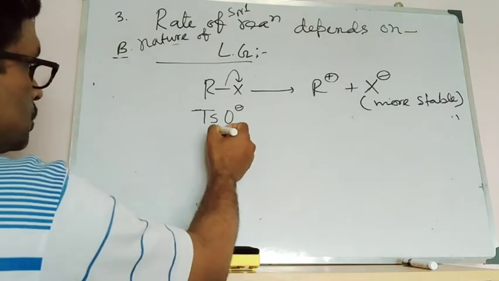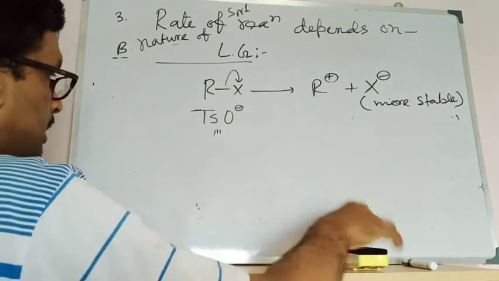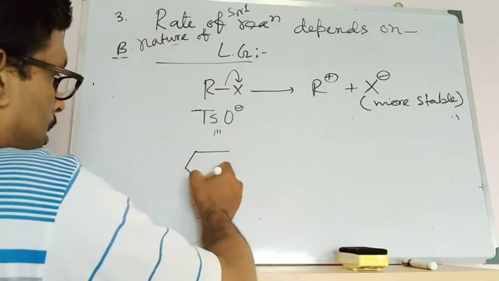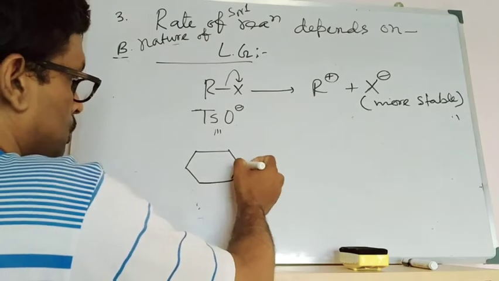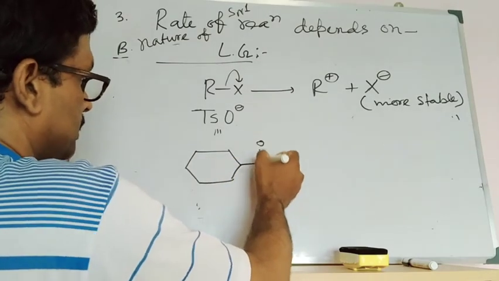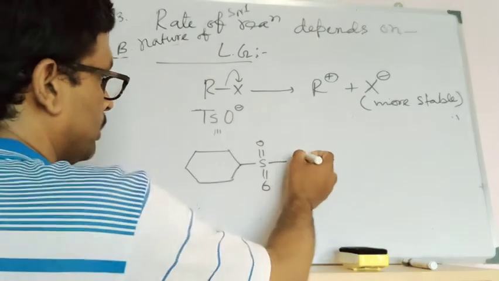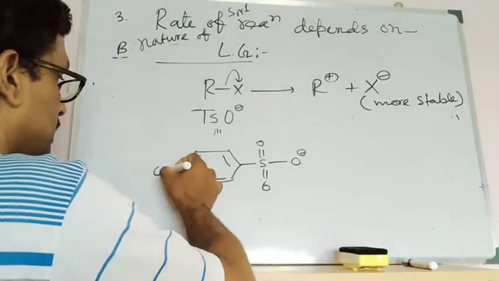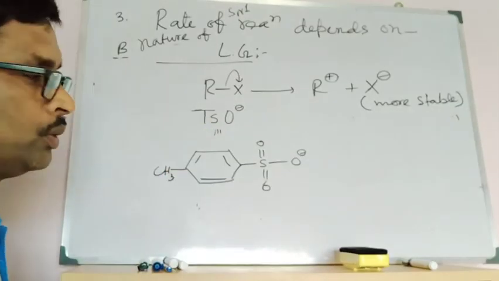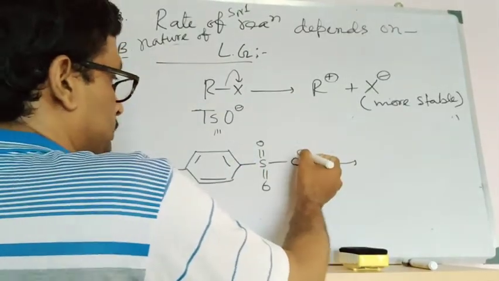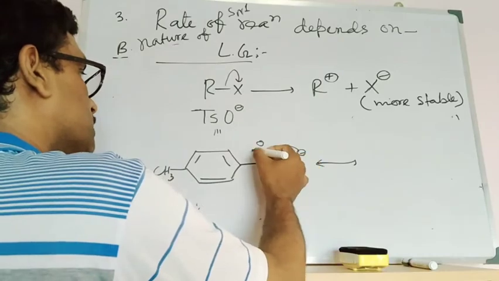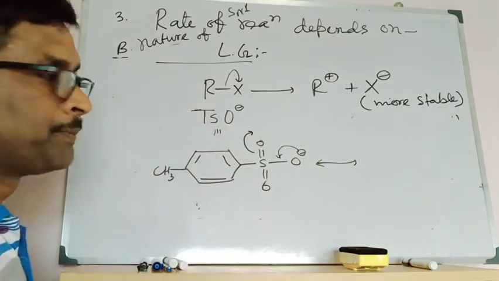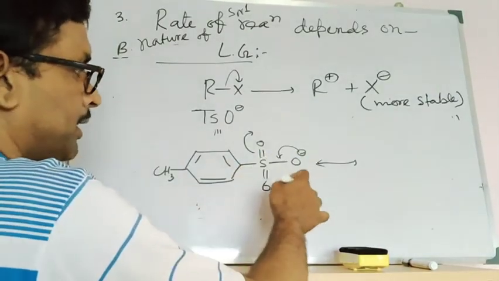Take this one, tosylate. What is the structure of this one? This is called tosylate: S double bond O and O minus, with the paratoluene group, called paratoluenesulfonate. If you look at this case, it will be resonance stabilized, and the charge will come to here and here, etc.